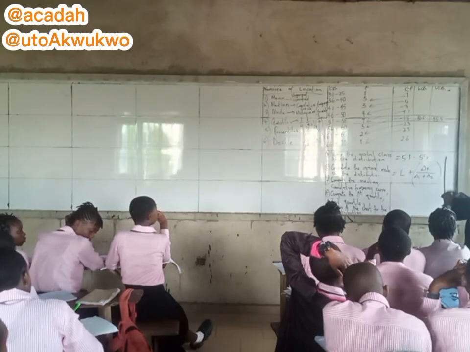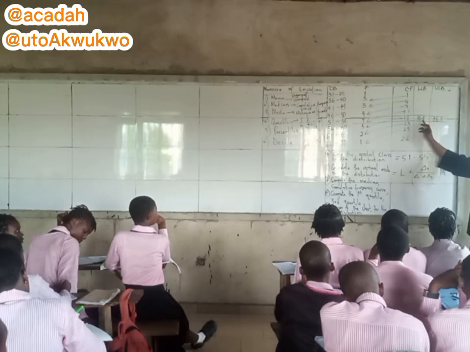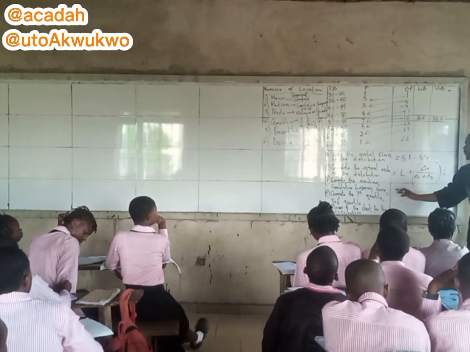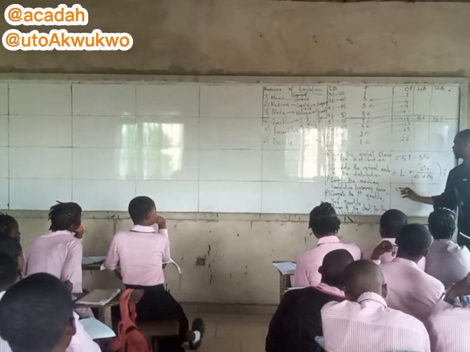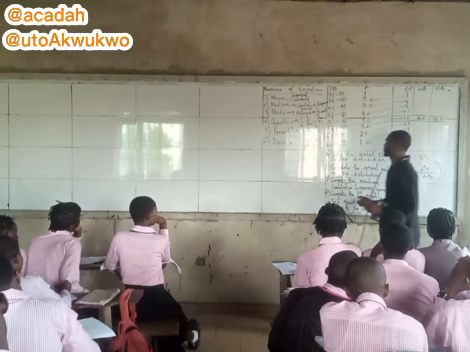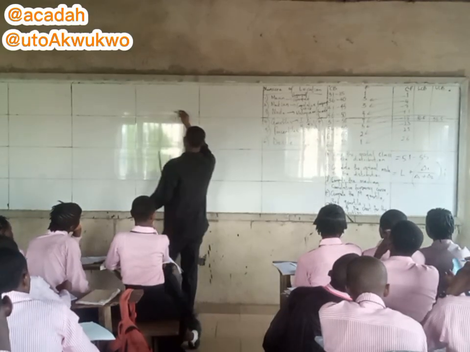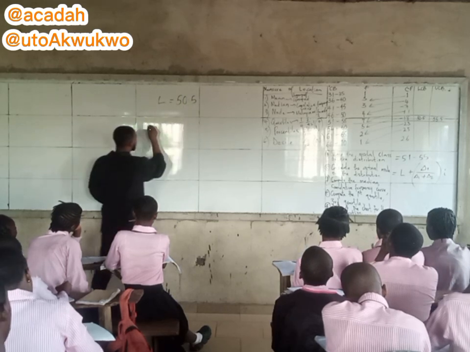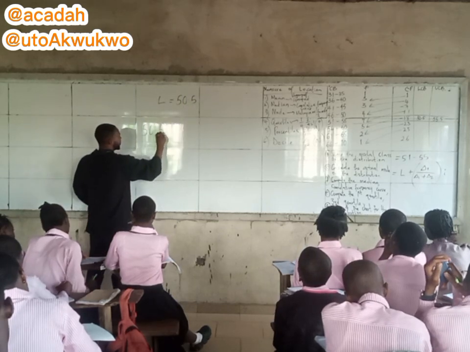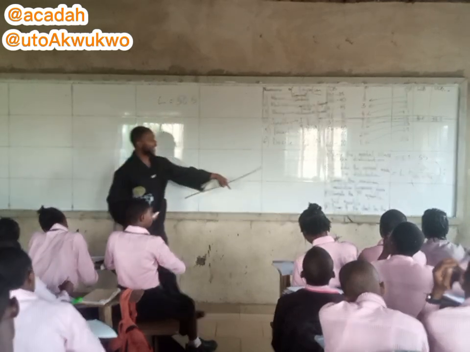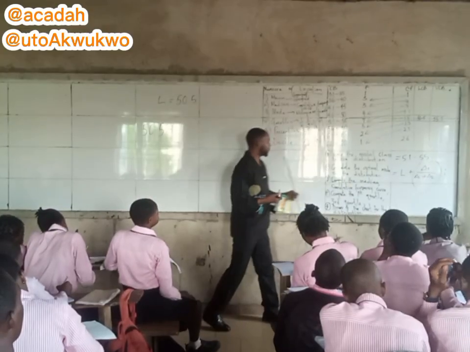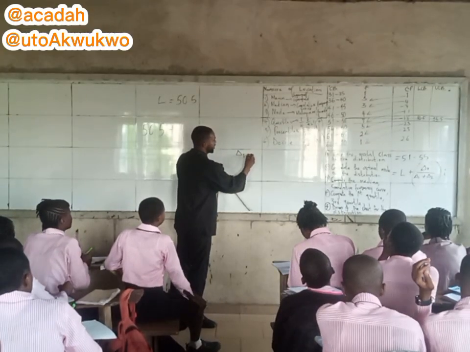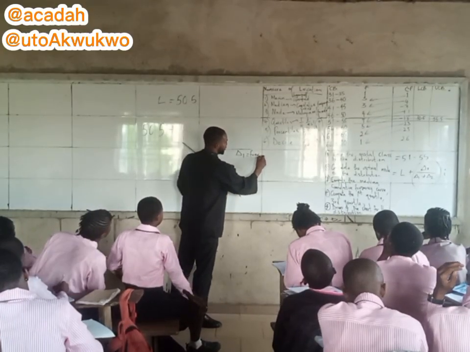So the lower class boundary of this is going to be 50.5. So L will be equal to 50.5 plus delta 1, which is simply the frequency of the modal class minus the frequency of the class before it.